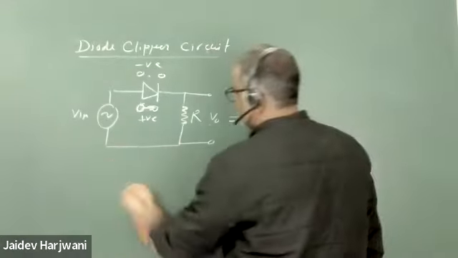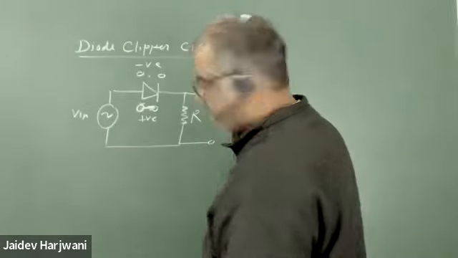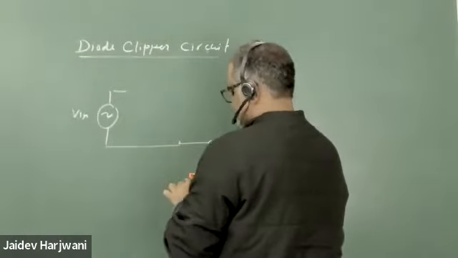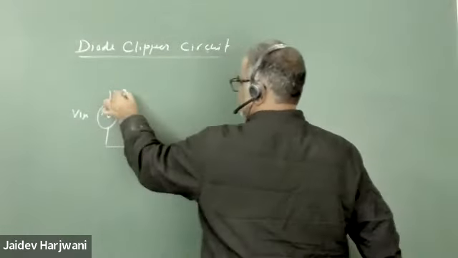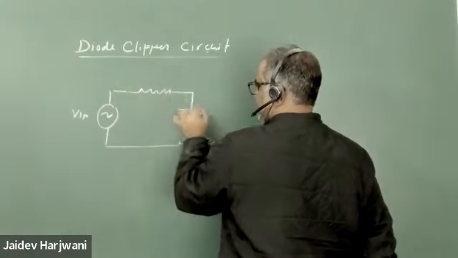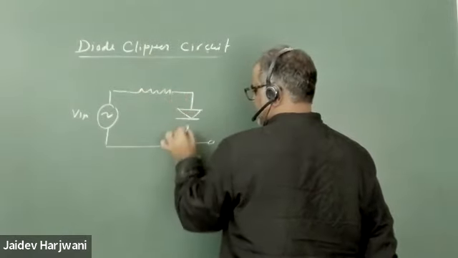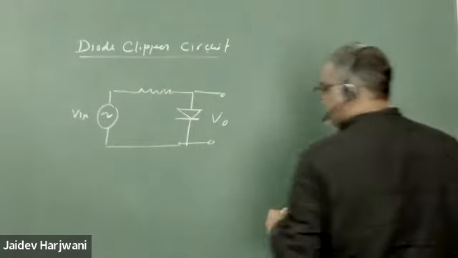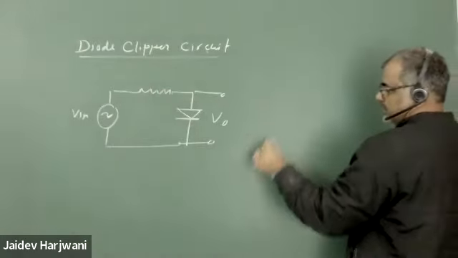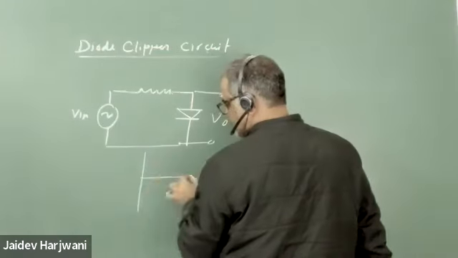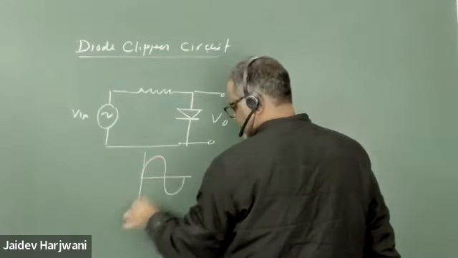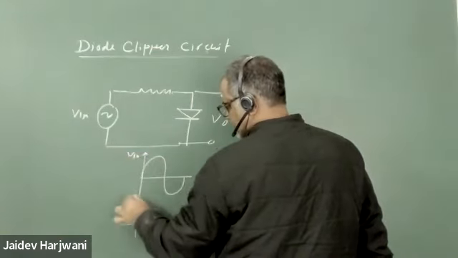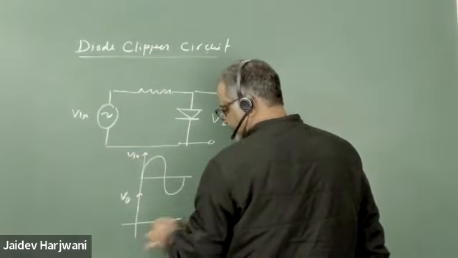Now suppose I put the resistance here and the diode here, and this is my V output. Can you tell me now, if I plot a sine wave as V input, what will be my V output in the positive cycle?